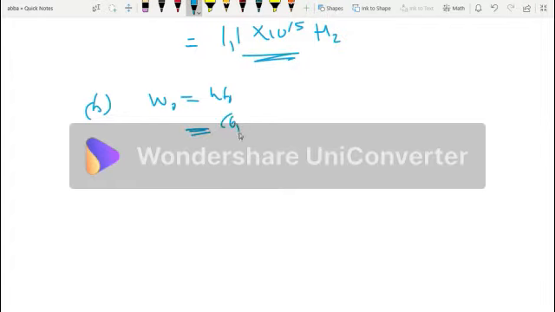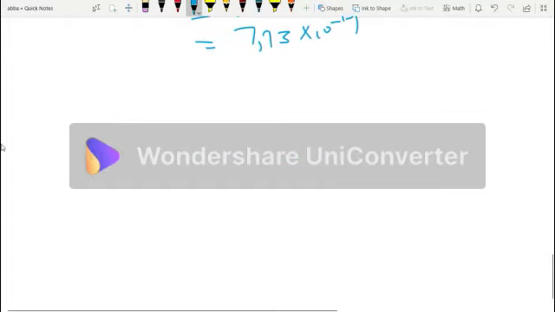So we just say 6.63 times 10 to the negative 34 multiplied by 1.1 times 10 to the 15, right? Now when we deal with this, we'll get 7.73 times 10 to the negative 19.